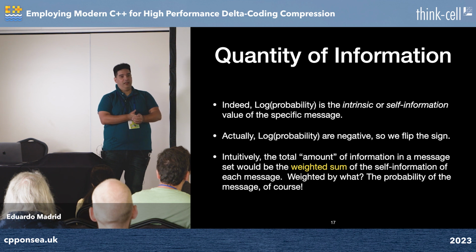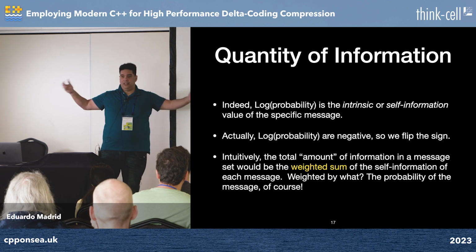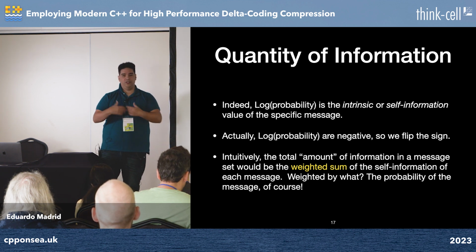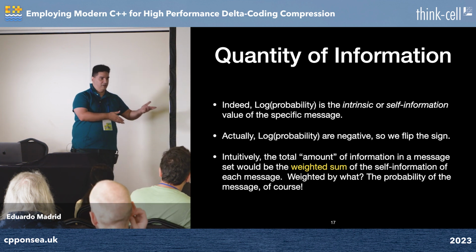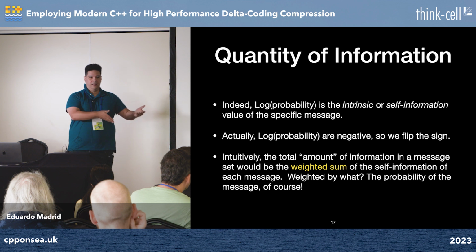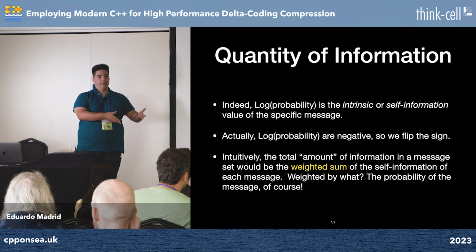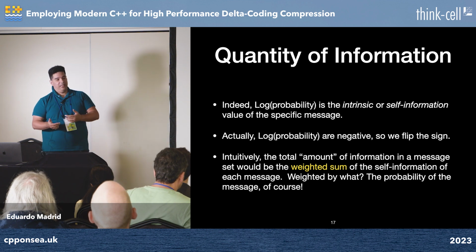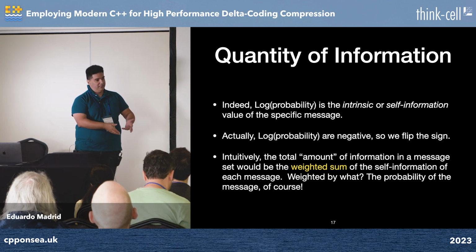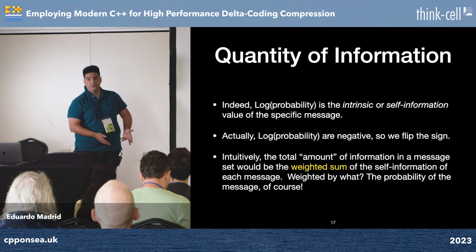Because if a message occurs very, very often, has a very high probability, then its contribution to the total amount of information in the channel has got to be high. So it is directly related to the probability of the message, and also directly related to the logarithm of the probability, which is the information that they convey themselves.